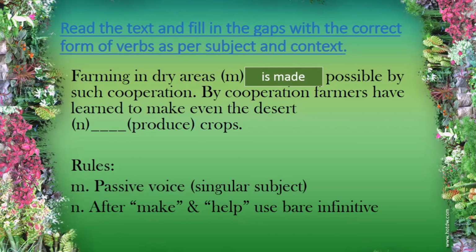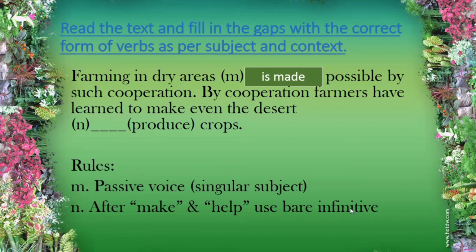By cooperation, farmers have learned to make even the desert produce crops. My dear students, here let me tell you, after make and help, check out these rules. After make and help, use bare infinitive. The right form of verb rules tell us to use bare infinitive. What is bare infinitive? We all know infinitive is to plus verb one.